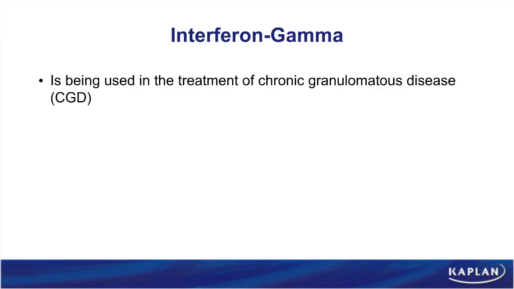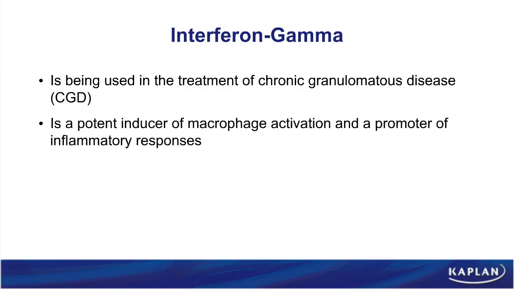Interferon gamma is a cytokine we're going to come back to time and time again because it's really important for macrophage activation, but it's a cytokine that we can use to treat chronic granulomatous disease. We mentioned the main function of interferon gamma is as a potent inducer of macrophage activation.